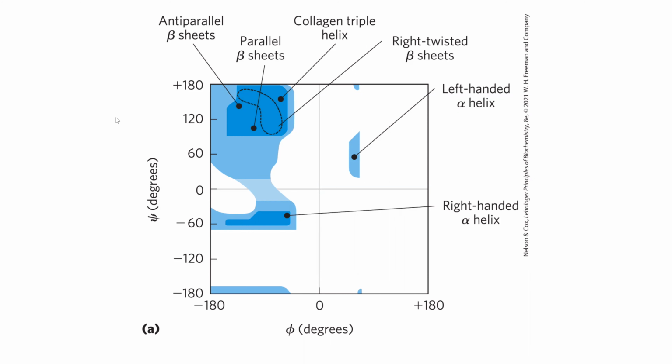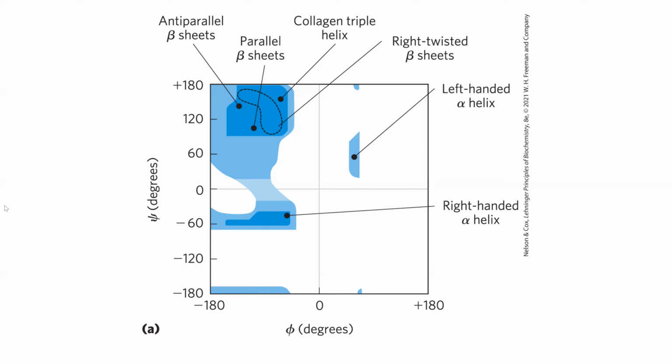So for example, if we were to look at the most favorable phi and psi combinations for the right-handed alpha helix, a type of secondary structure, the most favorable would be if phi was around -150 to -60 degrees, and if psi was around -60 degrees. It is with these values that we get the most favorable darker blue shaded region.